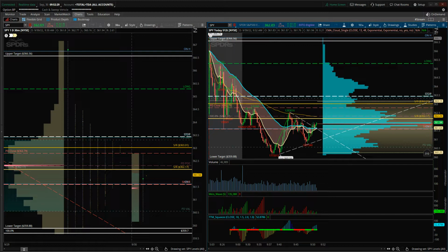This looks like it is starting to break away from our upper trend line, traded through it sideways. It's going to take another crack at that VWAP.